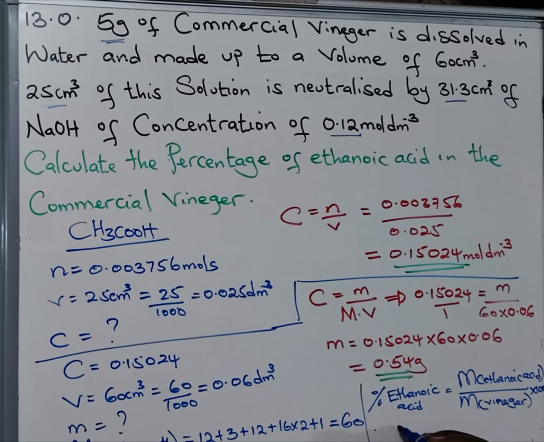So in substituting, what do we get here? Mass of ethanoic acid is known, and it is 0.54. Mass of vinegar is 5 times 100. What you get here is going to be the percentage of ethanoic acid in vinegar. So we have it as 10.8%.